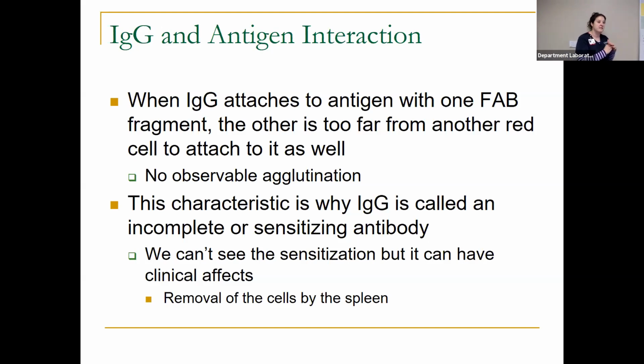And remember that cell's zeta potential and the size of your IgG molecule, that antibody is attached to the red cell. However, we cannot visualize that, okay? And that's why if that happens in vivo, the patient could be experiencing extravascular hemolysis. The spleen is going to take out those cells.